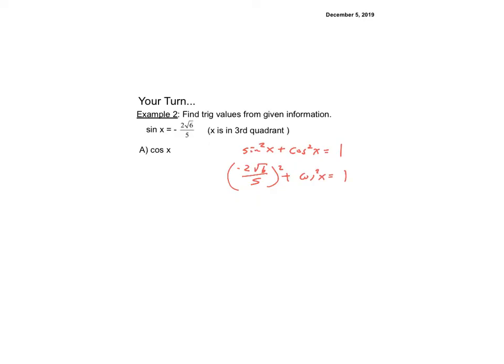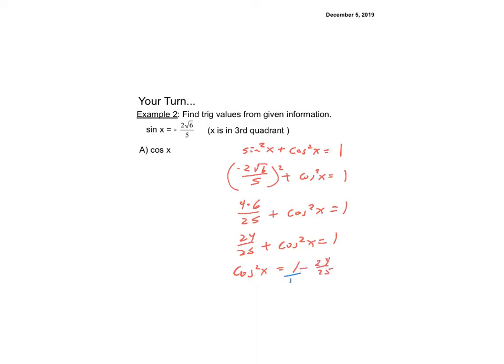If I square both of these terms up here, negative 2 squared is 4. Square root of 6 squared is 6. 5 squared is 25. That's 24/25. I'm going to subtract 24/25 from both sides.